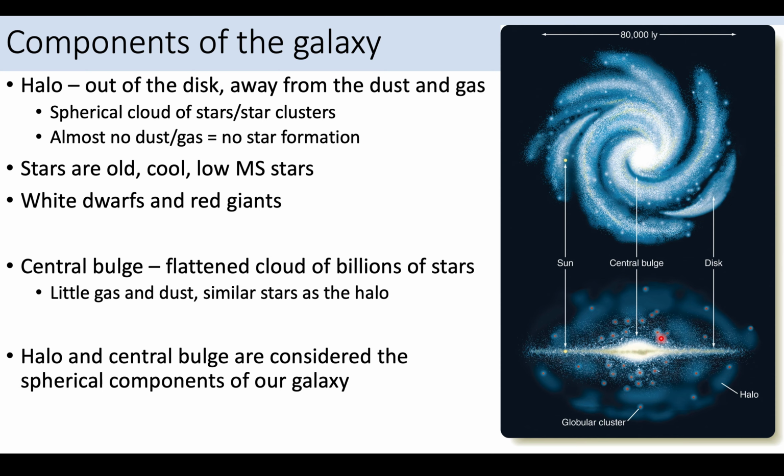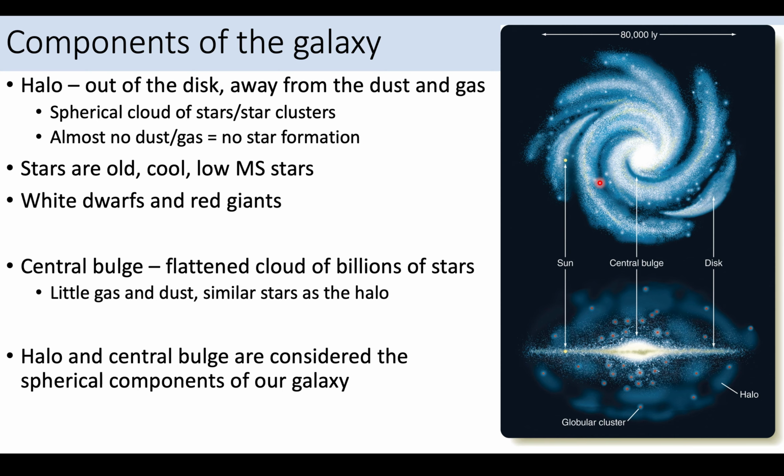It's billions of stars that are sort of flattened into a circular cloud. So it's in the center of the disk. There are many stars here, but not much gas and dust. So again, there isn't much star formation occurring in the central bulge. All the star formation is somewhere in the disk.